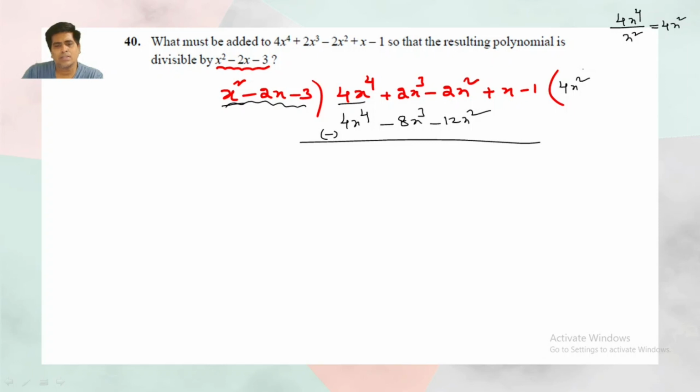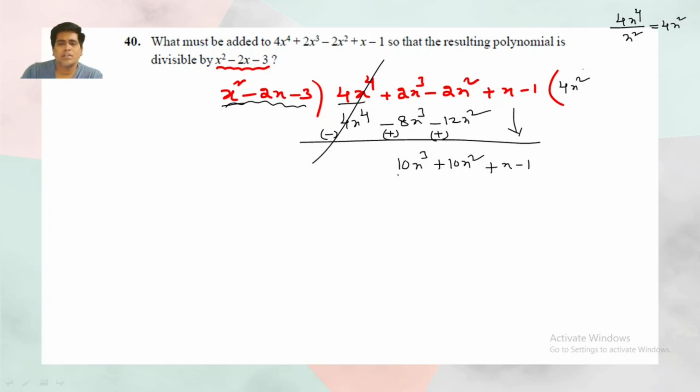Plus becomes minus, minus becomes plus, minus becomes plus. So the first term gets cancelled. Plus 8 plus 2, it becomes 10x cube. Plus 12 minus 2, again we are getting 10x square. And whatever the value we are bringing down, so plus x minus 1.